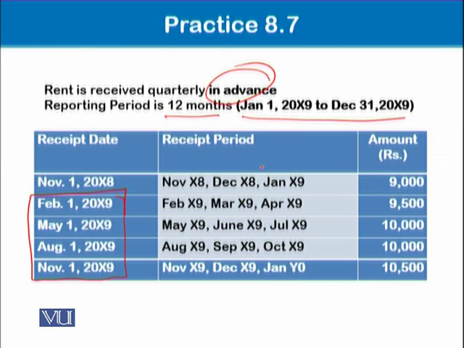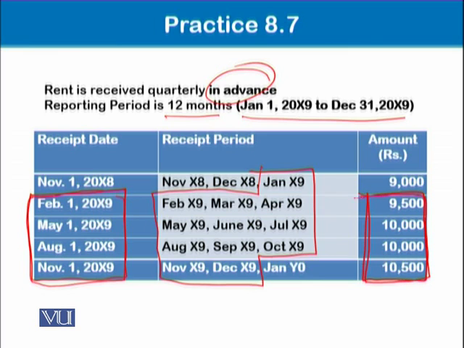And these are the months that we will bracket like this, which belong to our reporting year. And when we have put a bracket or box around this payment, you see that there should be a box around these also. Okay, this is what we have received during the period.